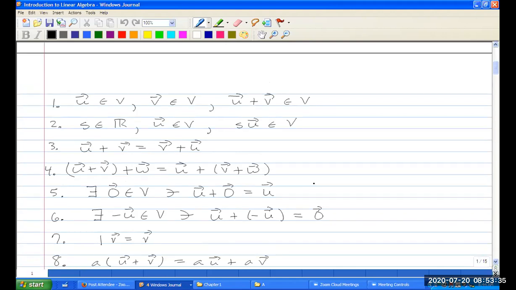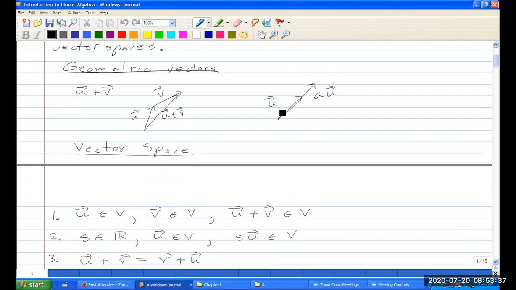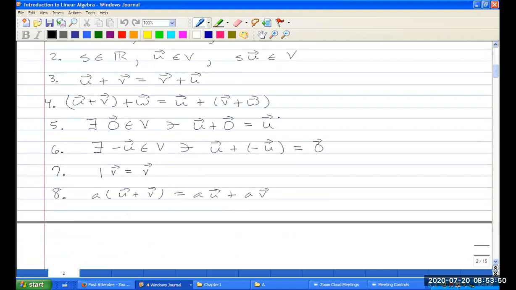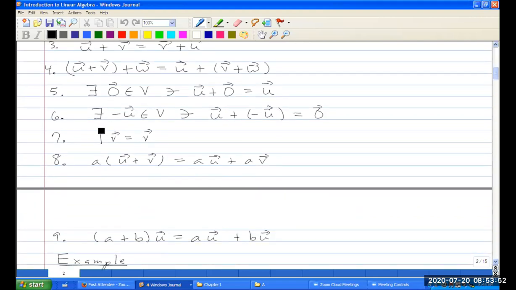If you take this vector plus its opposite, well, you go here, then come back, so you get back to where you started from. So you've gone nowhere. The number 1 times the vector v is just the vector v. If you multiply by 1, you're not doing anything to the vector v.